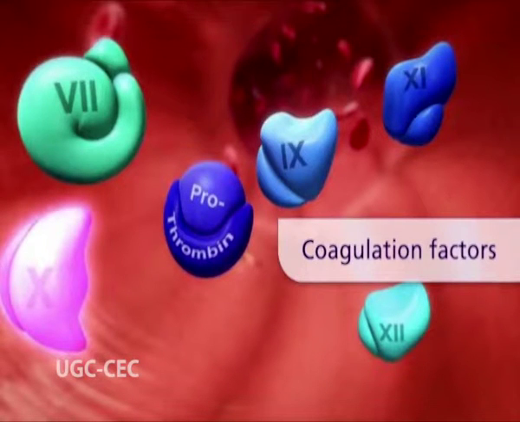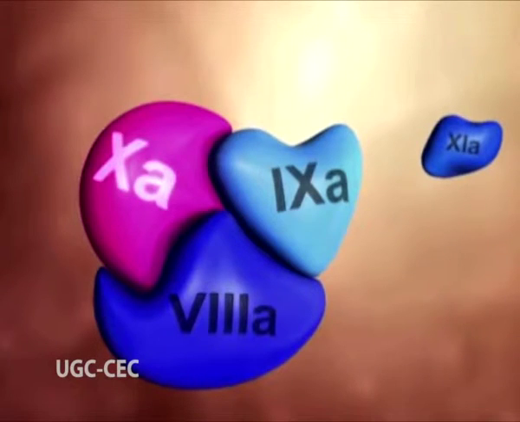Most of the clotting factors are designated by Roman numerals. To indicate the activated form of the factor, a small letter a is added after the Roman numeral, such as factor 8a, to indicate the activated state of factor 8.